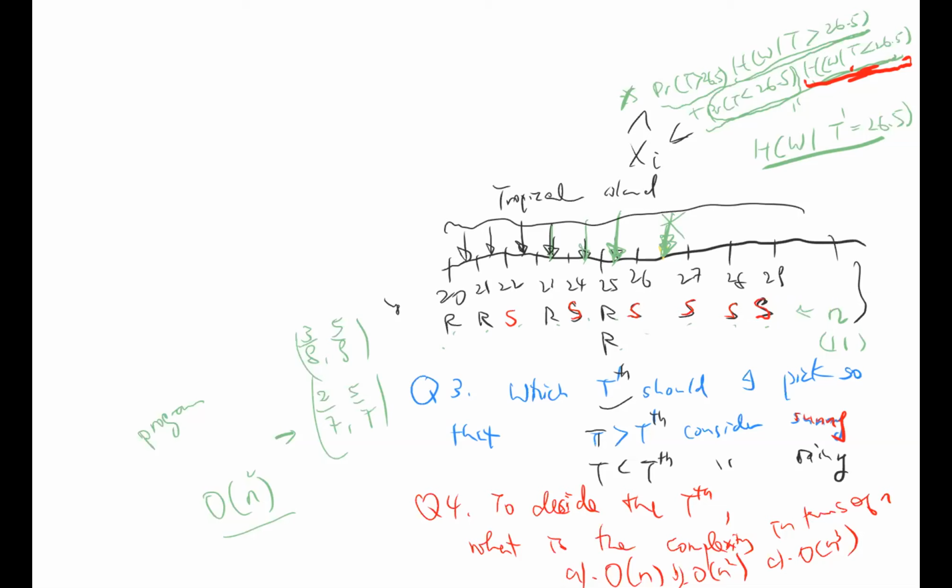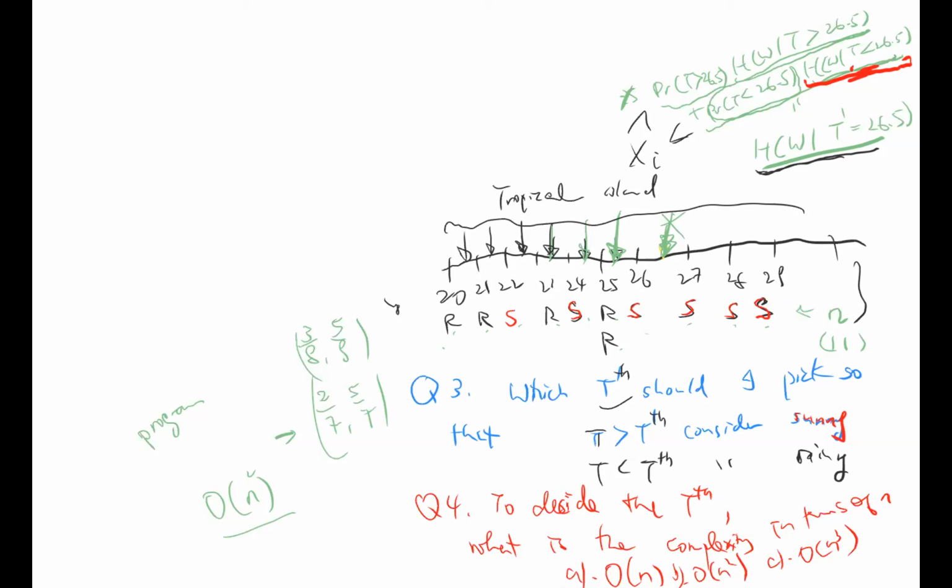So if you need to recompute this entropy for each of these guys, then of course each of them computing this will be order of n as well, because you need to determine the membership of W for each of the different thresholds.